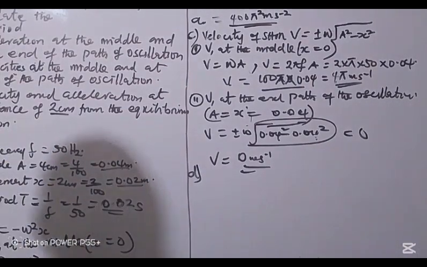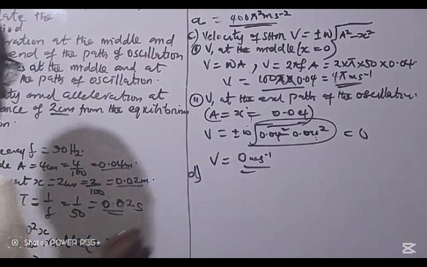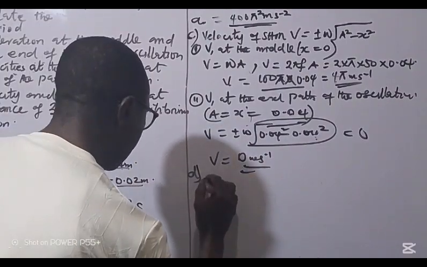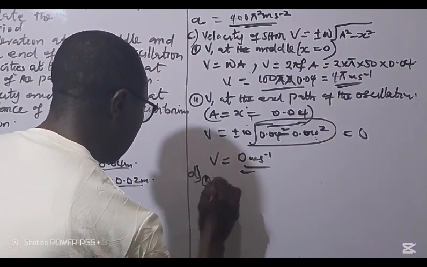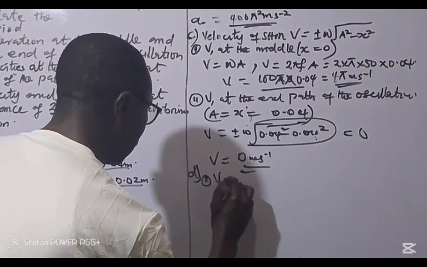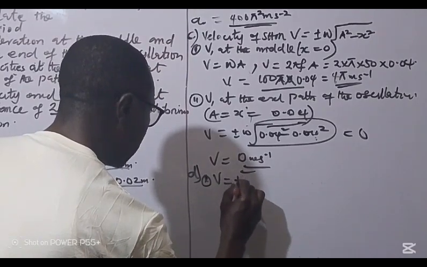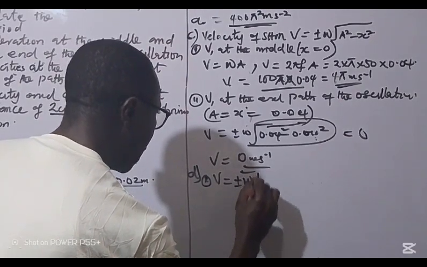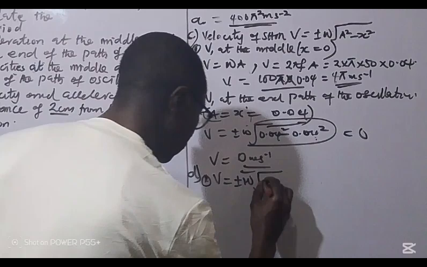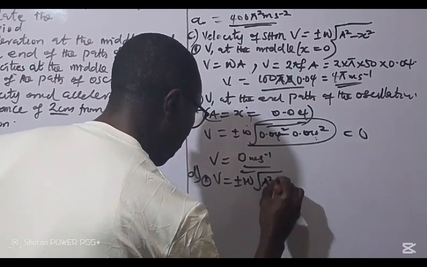So the velocity now, the first one, D1, according to the formula, will be equal to plus or minus omega square root of A square minus S square.